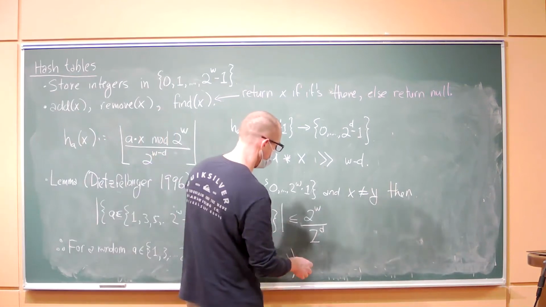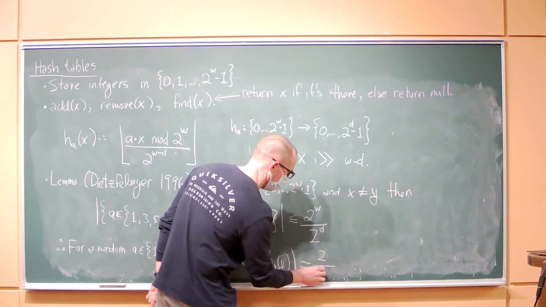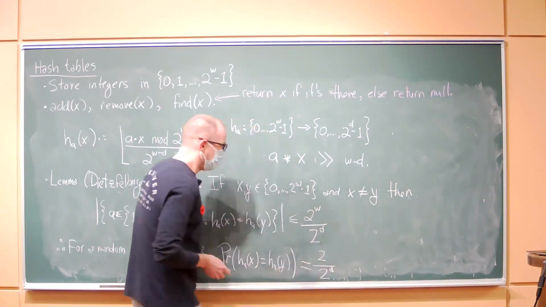So you take this thing, divide by 2 to the w minus 1, and you're left with 2 over 2 to the d. Okay?